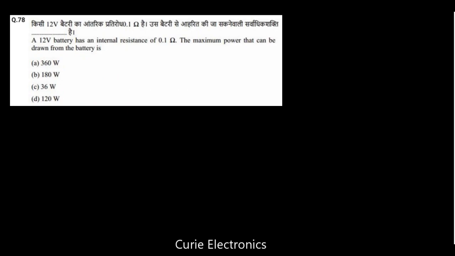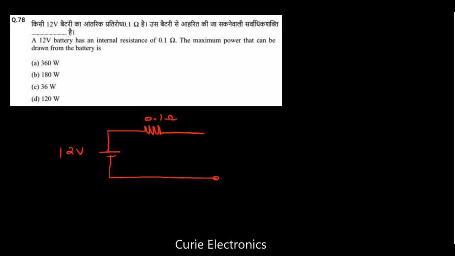A 12 volt battery has an internal resistance of 0.1 ohm. The maximum power that can be drawn from the battery is? So we have a battery of 12 volt, and it has an internal resistance of 0.1 ohm.